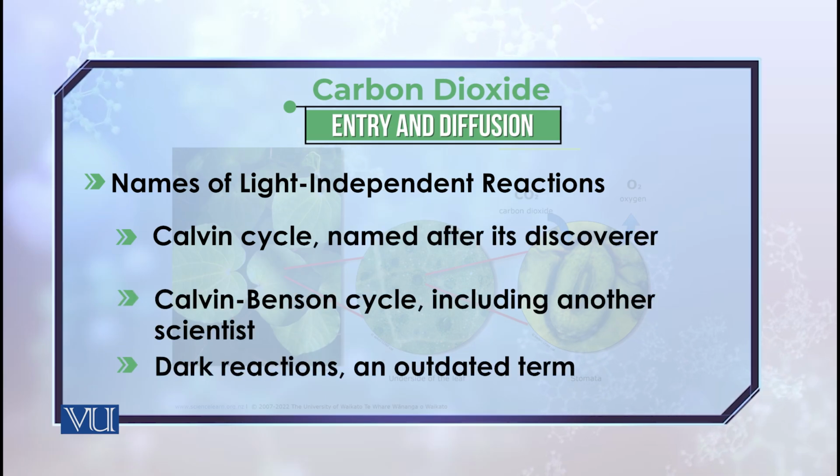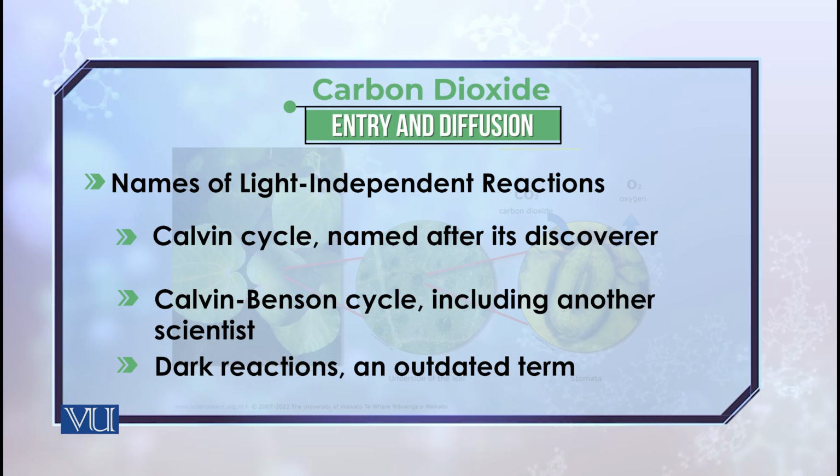There are different names given to this light independent phase of photosynthesis. This is known as the Calvin cycle, of course, because it was discovered by the person whose name was given. Also the Calvin-Benson cycle, because there was another person whose name people thought should also be included, just to give him the honor.